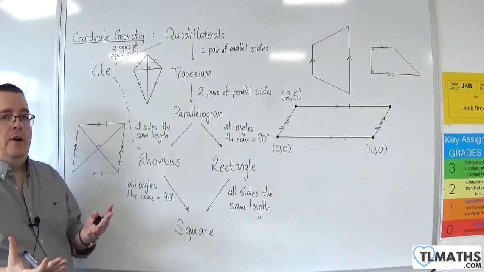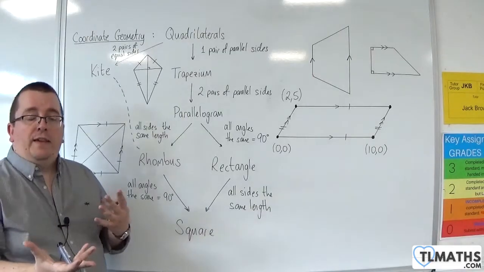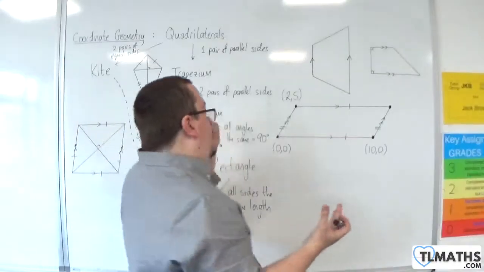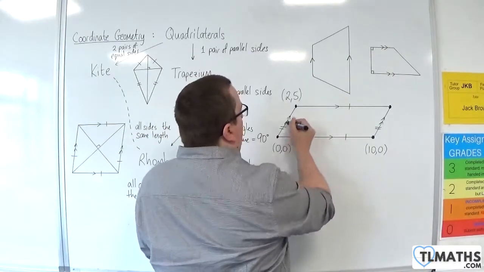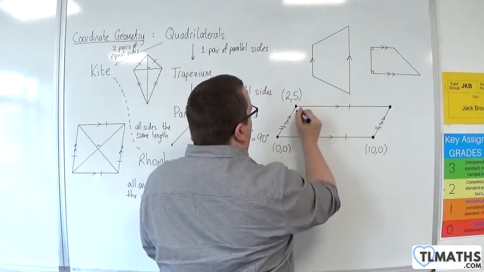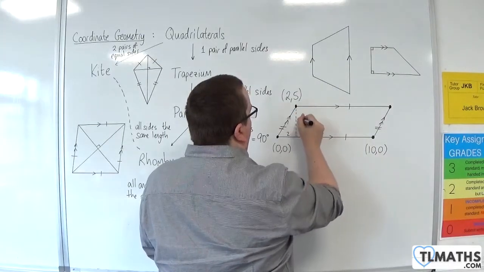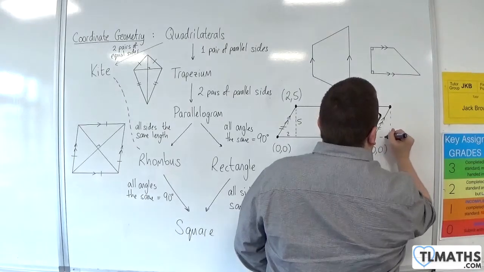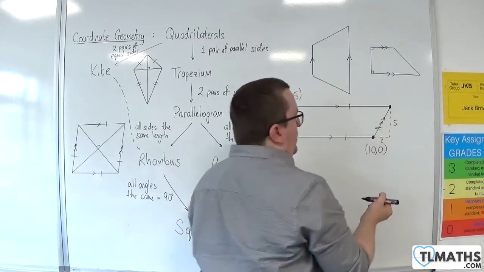Now, when you're finding missing points, quite often I like to think of it using vector knowledge. So I think about, right, going along this line, I need to go 2 along and then 5 up. So to get this point, I need to do the same thing. I need to go 2 along and 5 up.